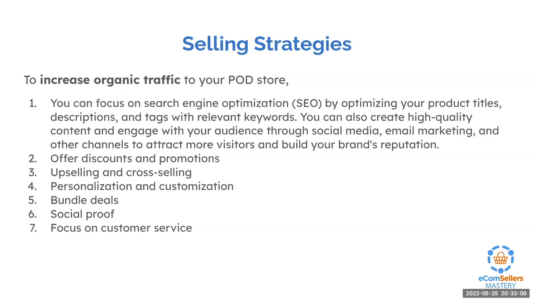Another way to get more eyeballs and traffic to your listing, in addition to the keywords and search words, is search engine optimization. That's really optimizing your title, your description, and all of the tags, keywords, hashtags, and search words, and also naming your images.